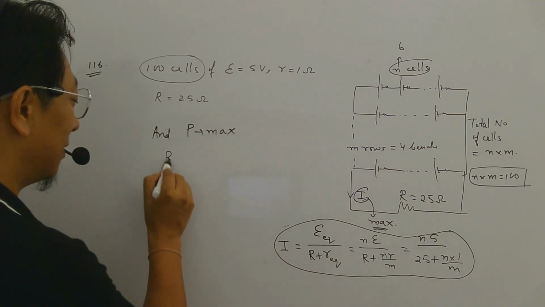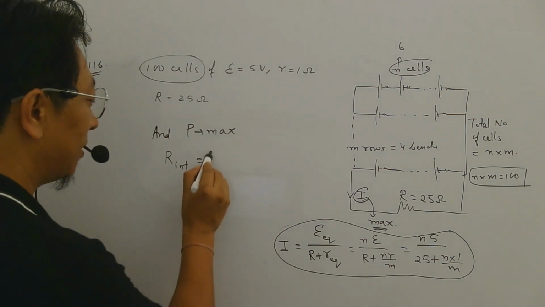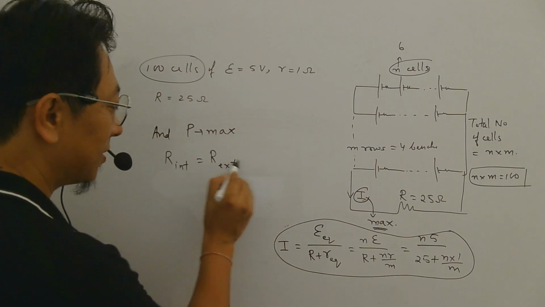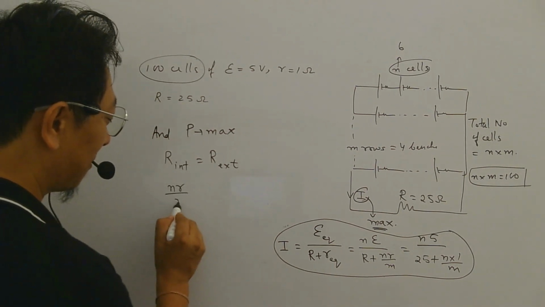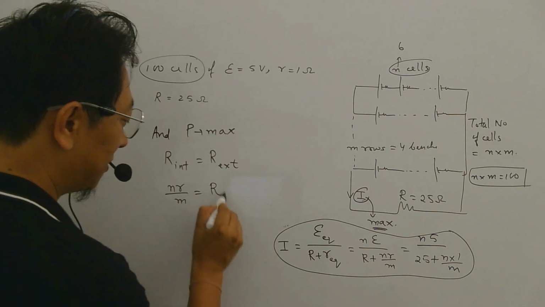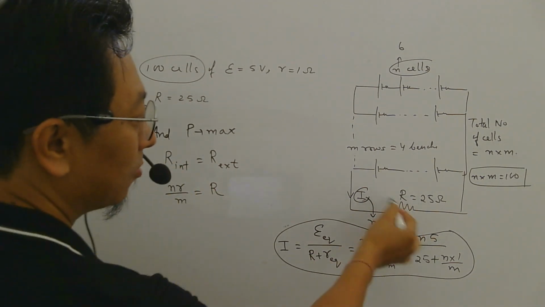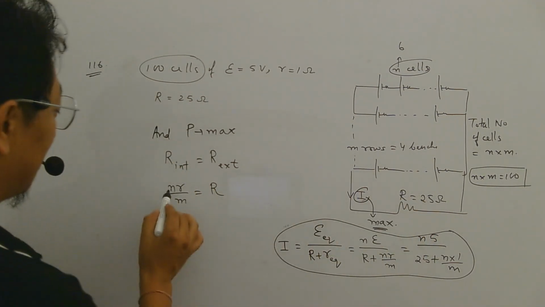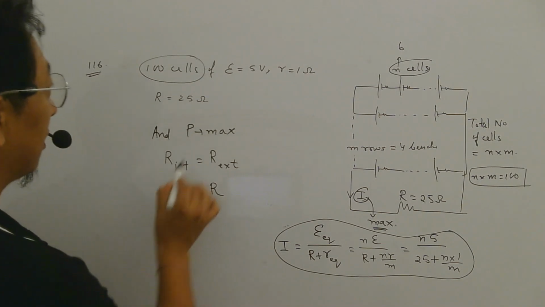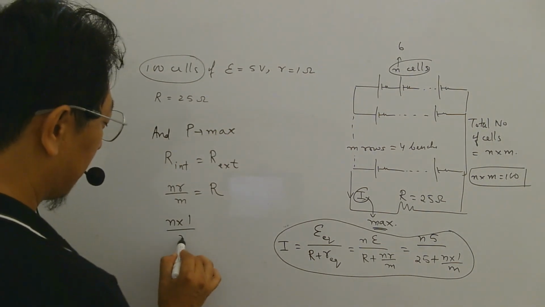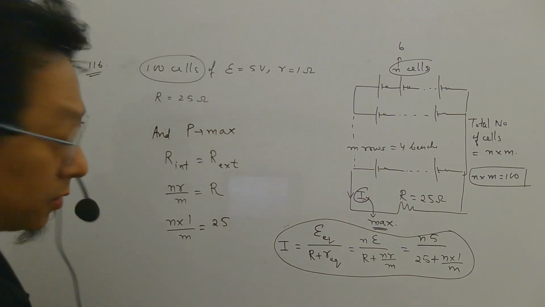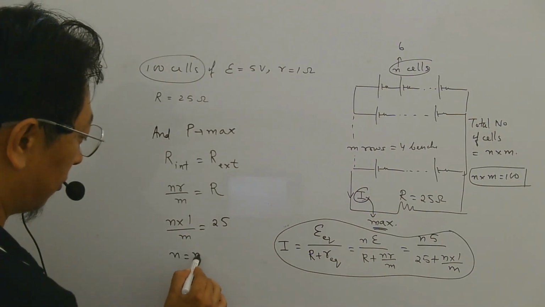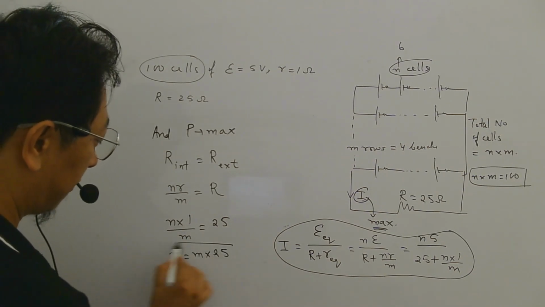The internal resistance should be equal to the external resistance. So here internal resistance is NR by M. External resistance is capital R, right? Only one external resistance. So N, small r was given 1 ohm and capital R is given 25. So this will give you N equals M into 25.